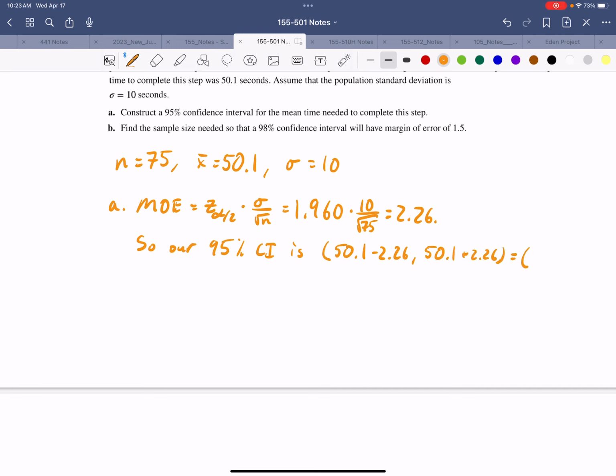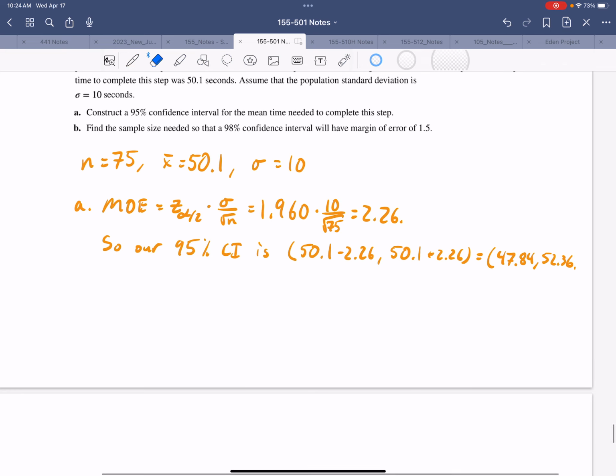And when you do that out, 50.1 minus 2.26 is 47.84, I think. Correct me if my math is wrong. And it should go up to 52.36. All right, so that's our confidence interval.